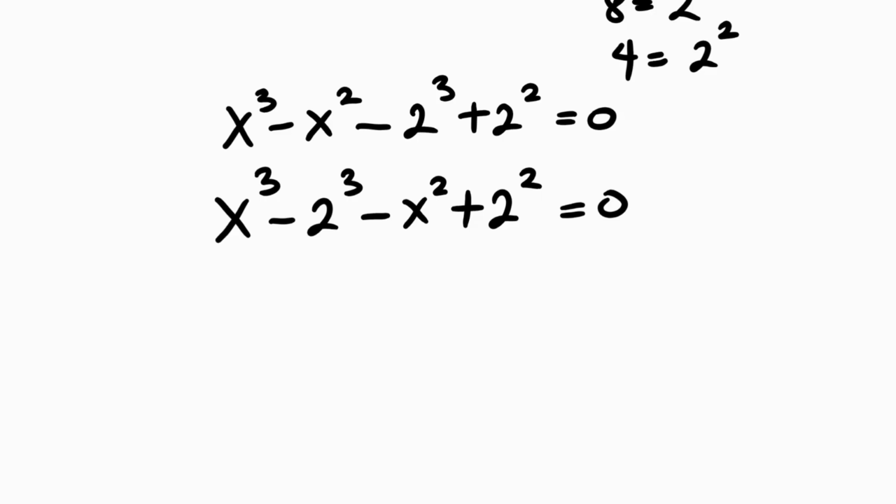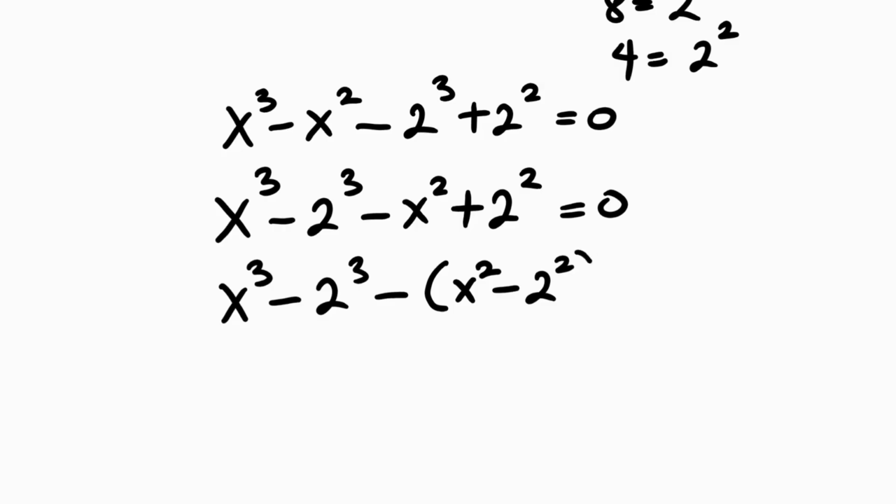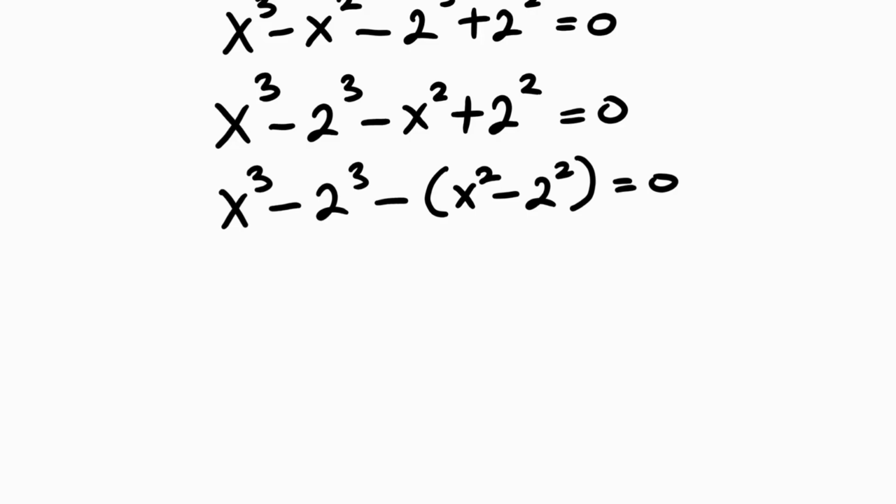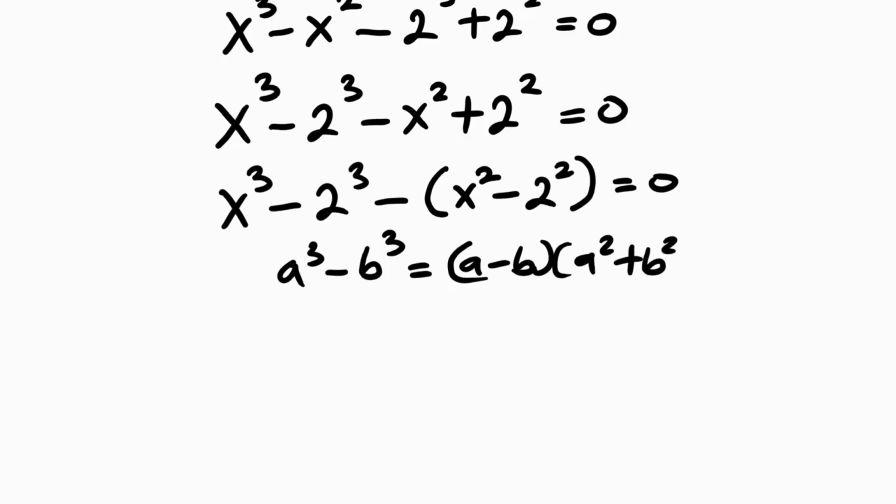Now, let's rewrite this properly. This becomes x^3 minus 2^3 minus (x^2 minus 2^2) equals 0. So now this is in the form of a^3 minus b^3, which is a minus b into a squared plus b squared plus ab.